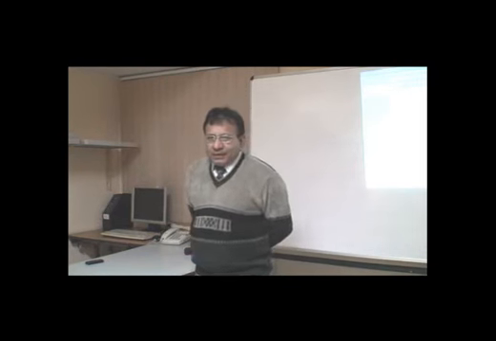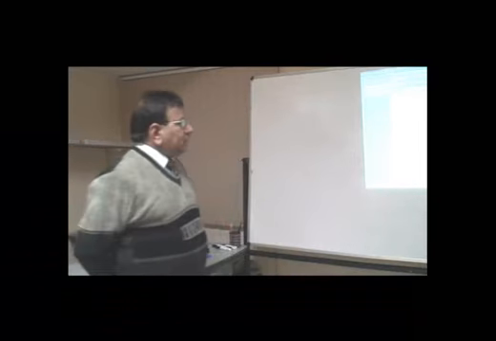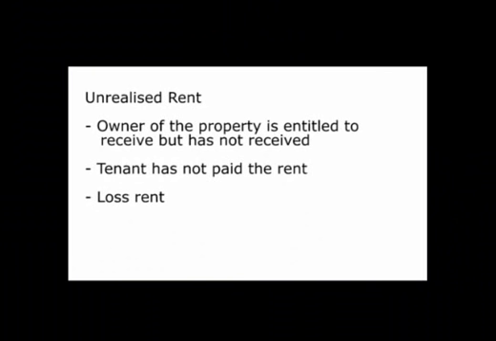Now we will discuss one more deduction under this chapter, that is the unrealized rent. What exactly is the unrealized rent? Unrealized rent means a rent which the owner of the house is entitled to receive but he has not received it. It means this rent is receivable by the owner of the house but the tenant has not paid it.